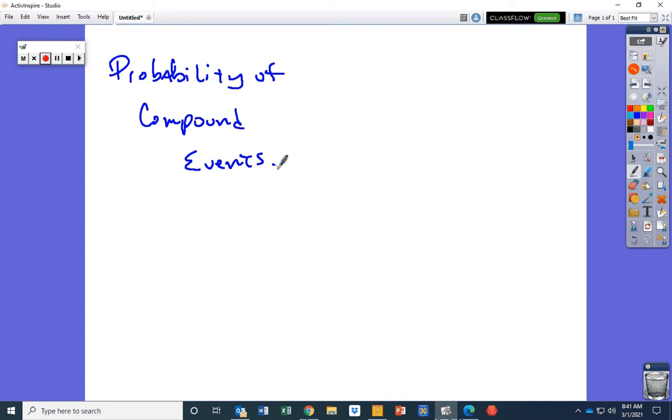Okay, so there's two types of compound probabilities. One of them is independent. Independent compound probability. What if something is independent? What does it mean? One outcome doesn't affect the other.